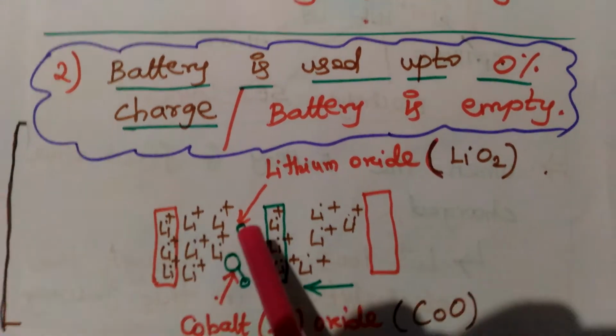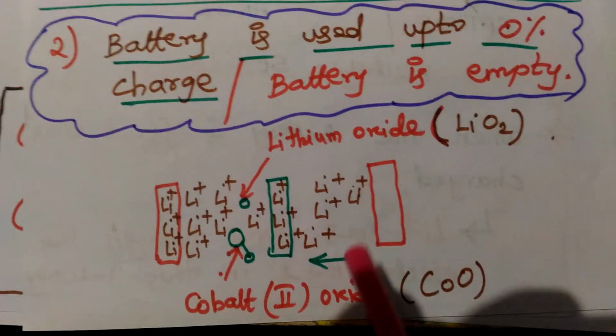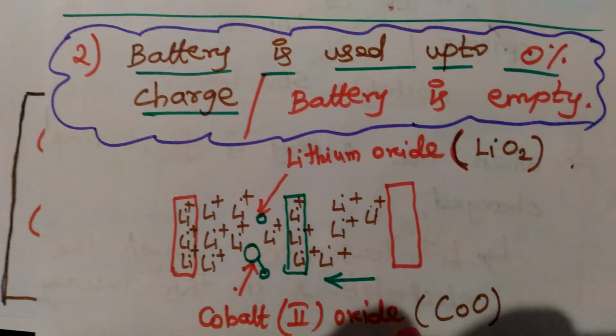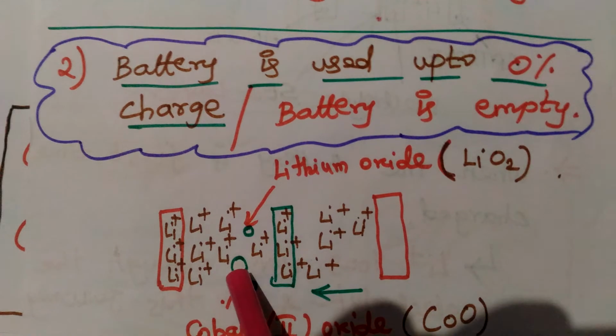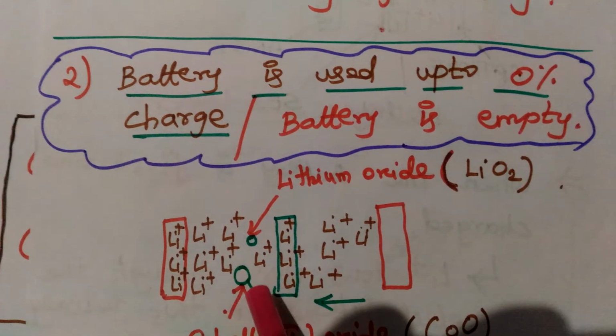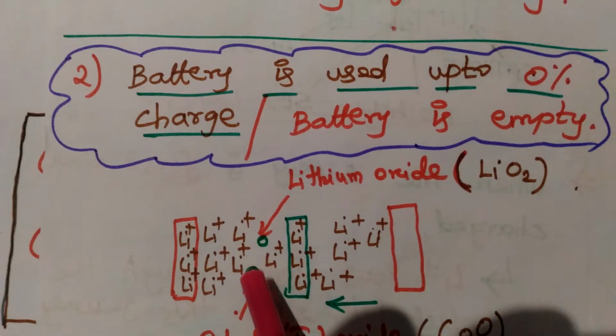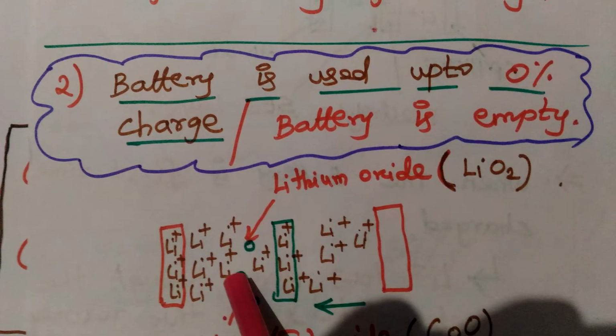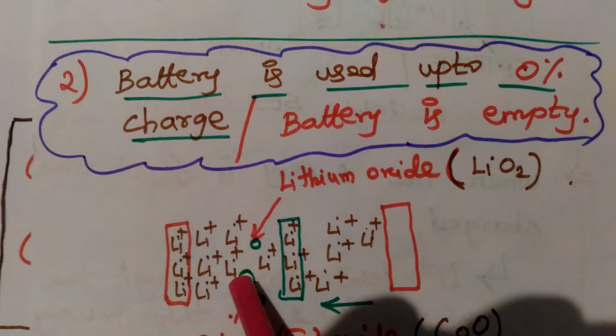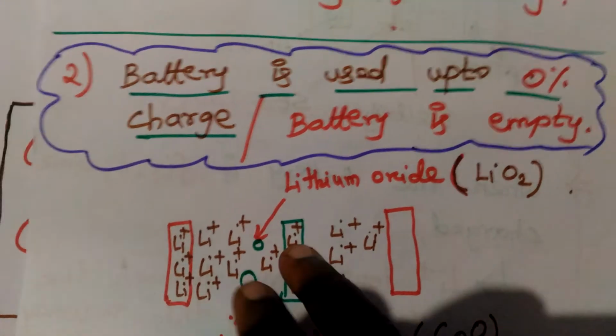Due to that, lithium oxide and cobalt(II) oxide molecules are created near the cathode. These are irreversibly generated molecules. They are stationary in position, so they consume some amount of lithium, and due to that the battery capacity is reduced.